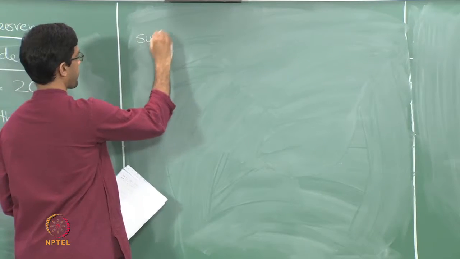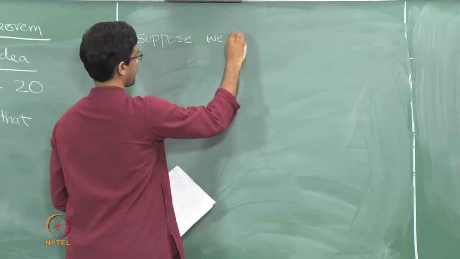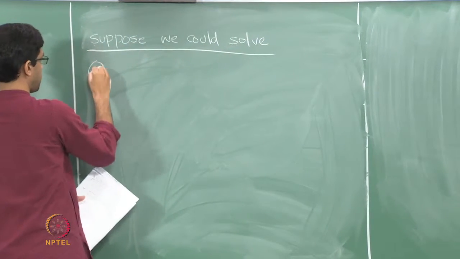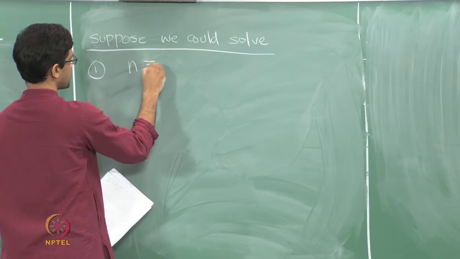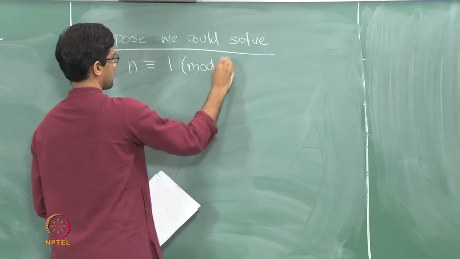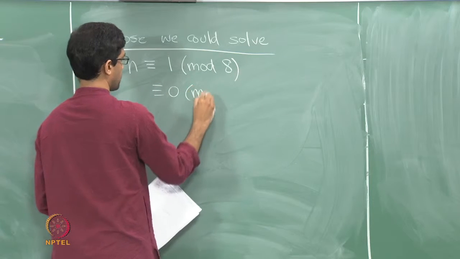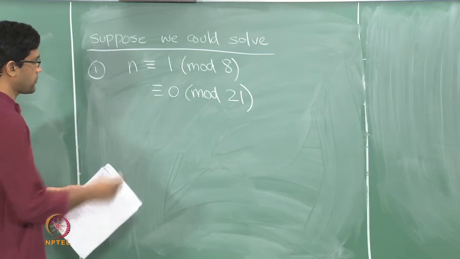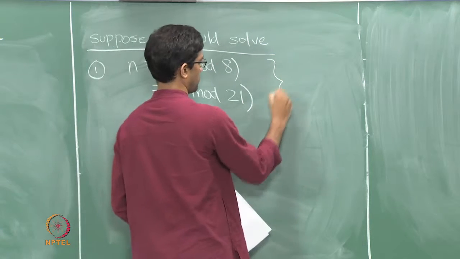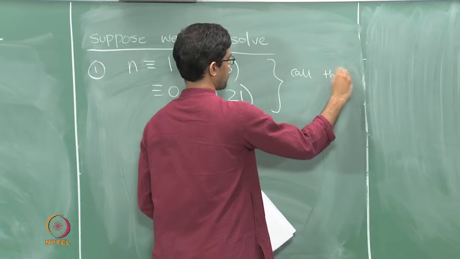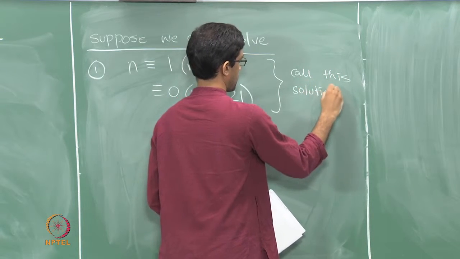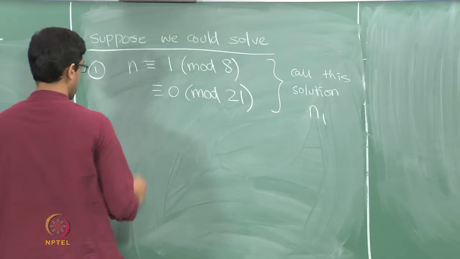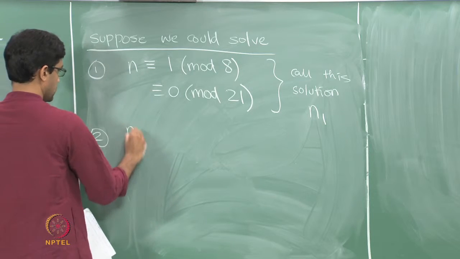Suppose we could solve problem 1, which is to find an n which is congruent to 1 mod 8 and 0 mod 21. Let me call that solution n1.